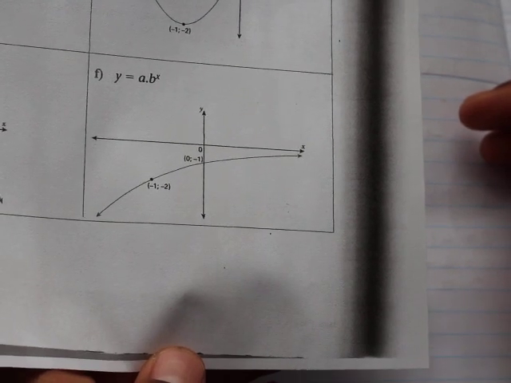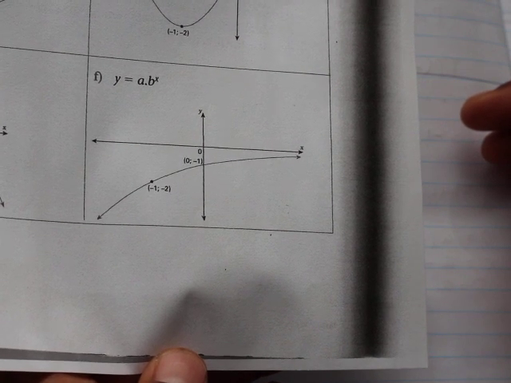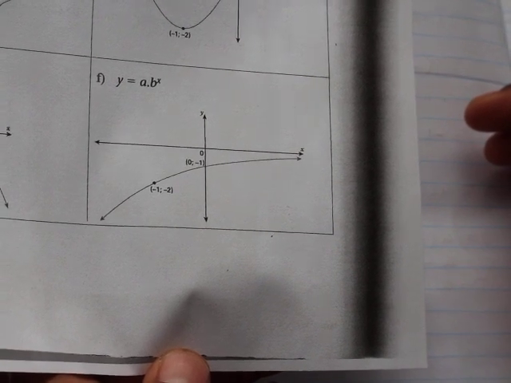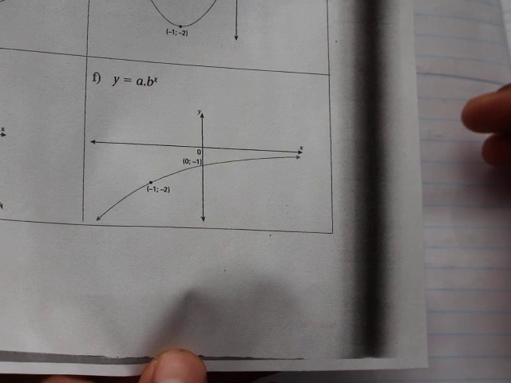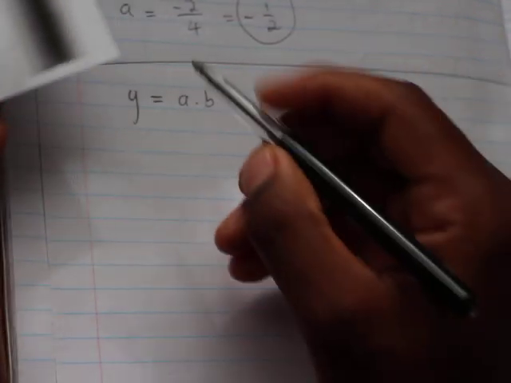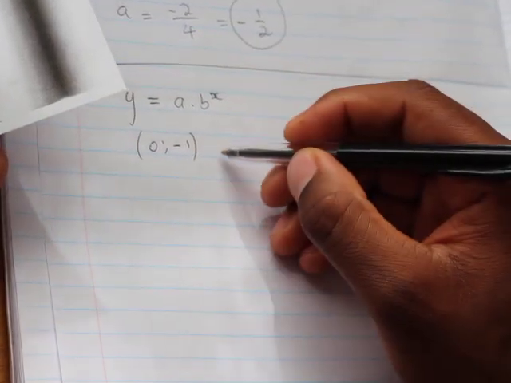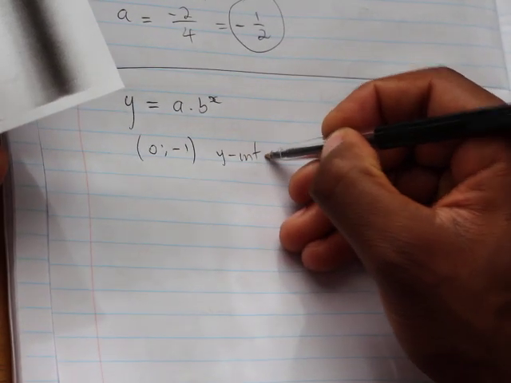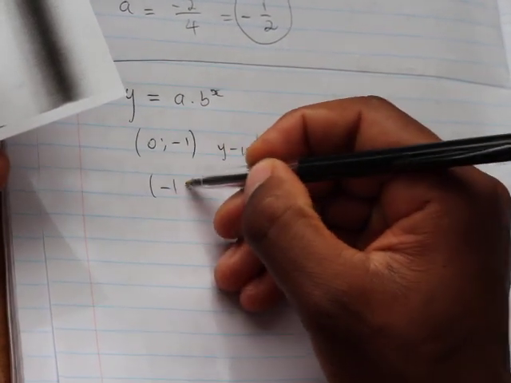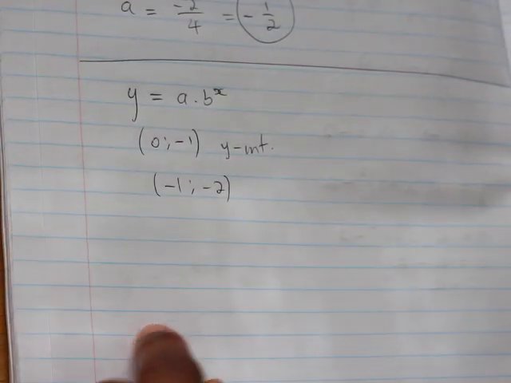It's easier to solve when you've got a coordinate that's got a 0. So we've got two pieces of information, which is (0, -1), that's the y-intercept, and (-1, -2), which is just an ordinary coordinate.